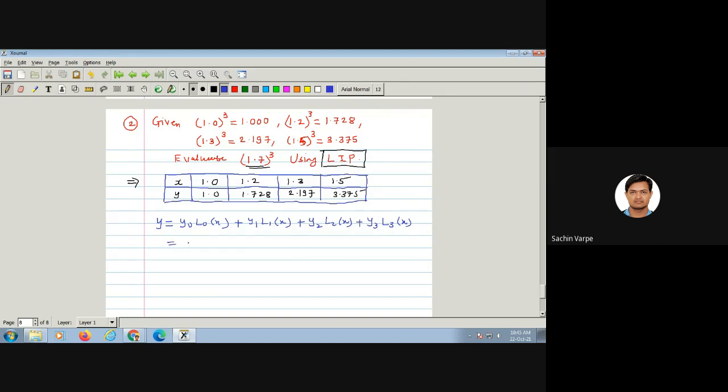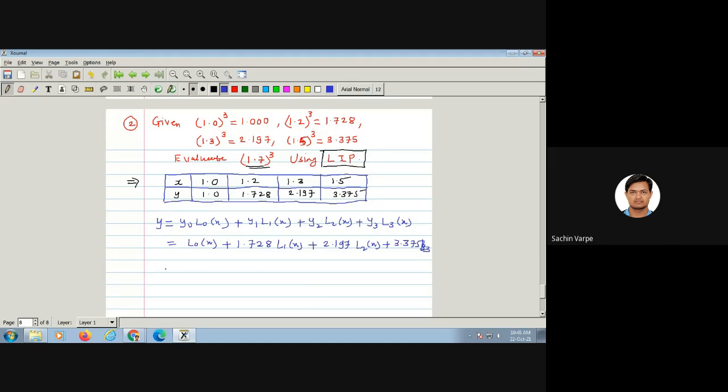Y0 is 1, so 1 into L0 of x plus y1 is 1.728 into L1 of x plus y2 is 2.197 into L2 of x plus y3 is 3.375 into L3 of x. So let us find the values of these L0, L1, L2, L3.